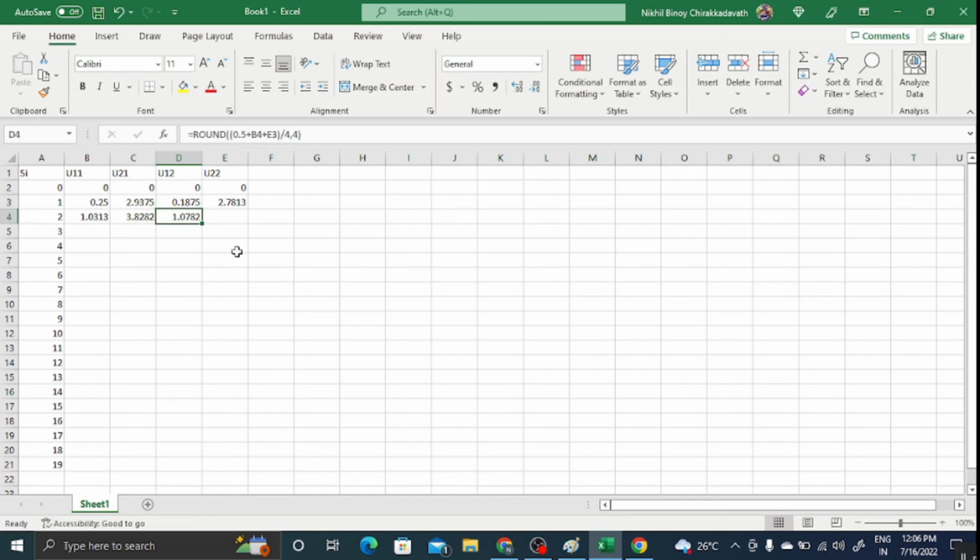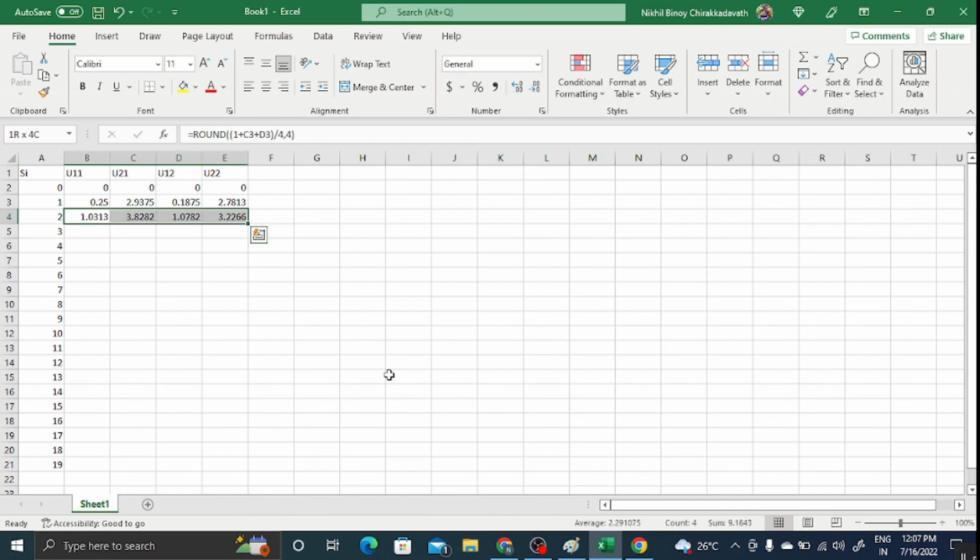So the answer is 1.0782. Now similarly for U22 we have to use the latest data of U12, that is 1.0782, and latest data of U21, that is 3.8282. So we have 8 plus 3.8282 plus 1.0782 divided by 4. So the answer is 3.2266. So this one is the second iteration.